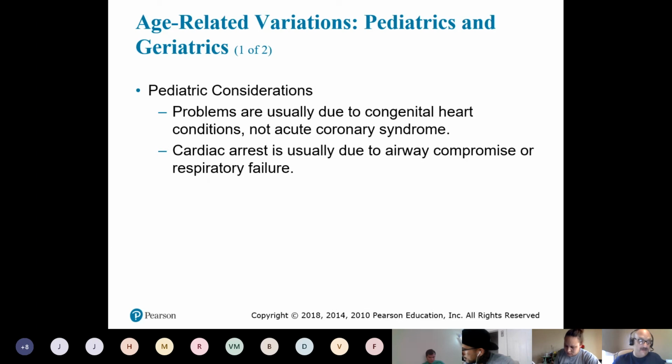Now, the other thing about kids is that, remember, they lean on the respiratory drive? And so if there's a circulatory issue, they're going to lean on the respiratory drive. However, I think I mentioned this yesterday. If they're having respiratory issues, we don't want them to go into respiratory failure, because then it's going to be a tougher fight.